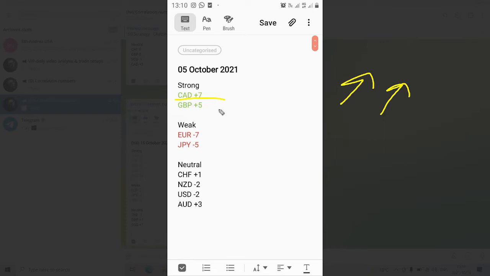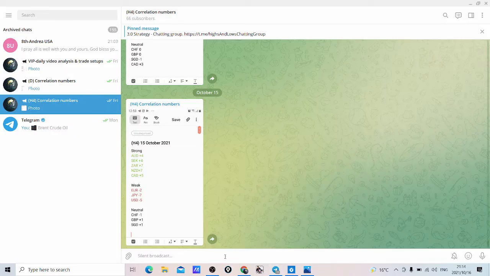Obviously on CAD we were still looking for a buy, especially on CAD versus the JPY, because whenever the JPY goes down, in most cases the Canadian dollar is going to go up, and then also the oil price is going to follow. That is based on the correlation.